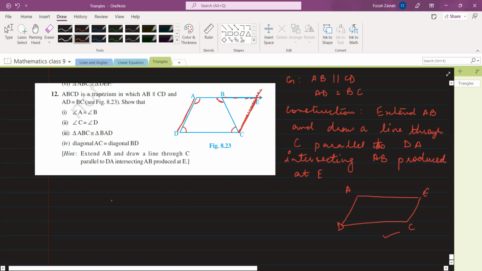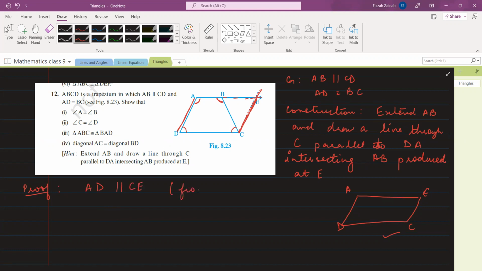Understand? Yes. Okay, so here AD is parallel to CE. Why? From construction, we have constructed CE such that. Understand?